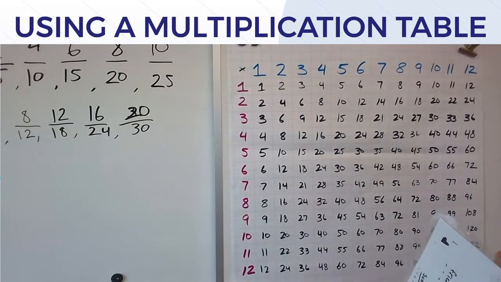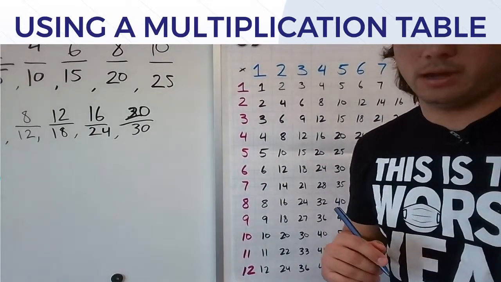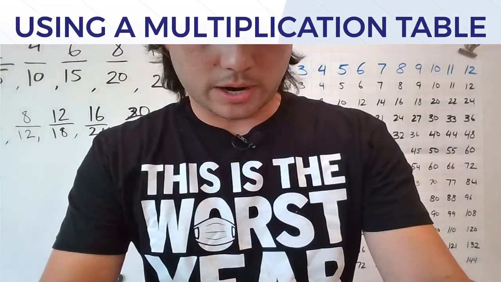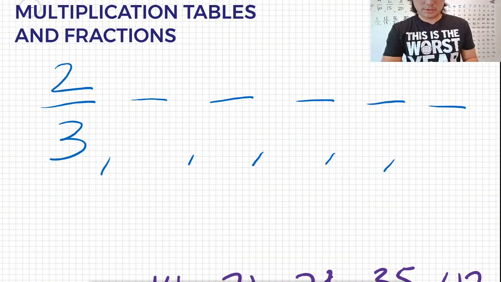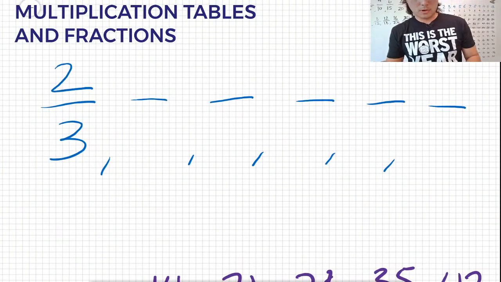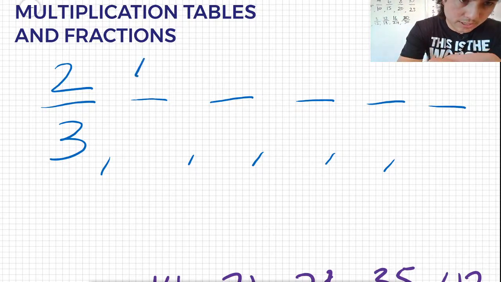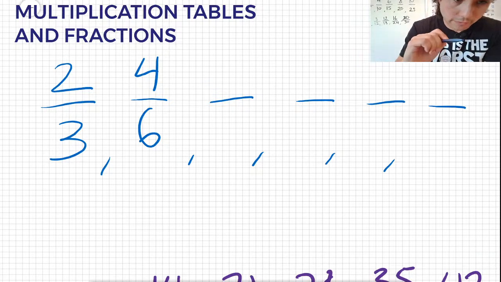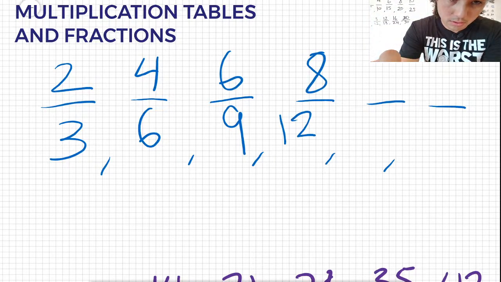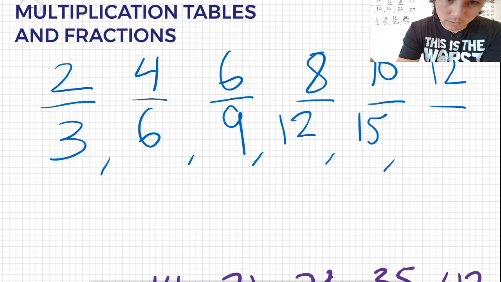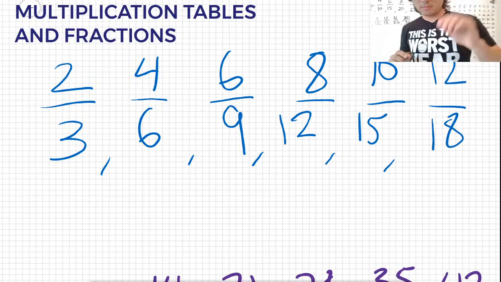Makes sense here? And I want us to notice something as I write it in here on the digital whiteboard. I want us to note something about this particular string of equivalent fractions. 10/15, 12/18.